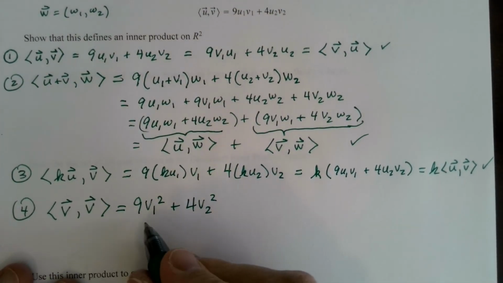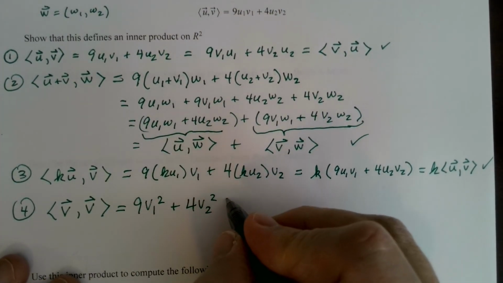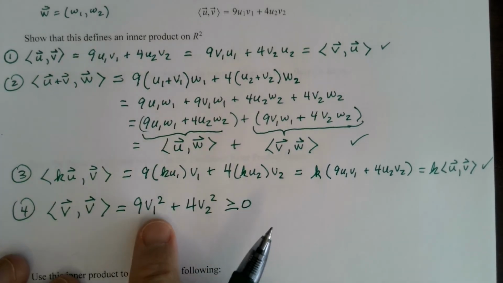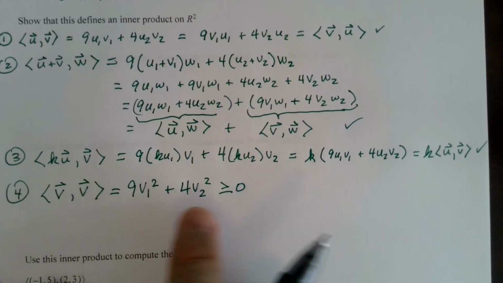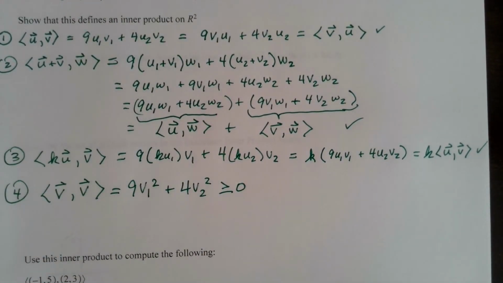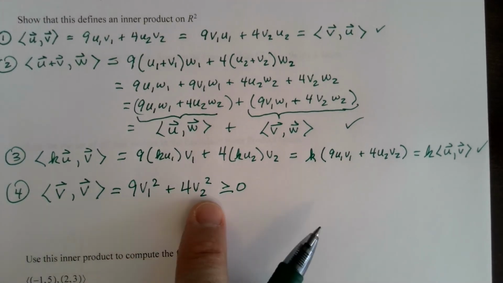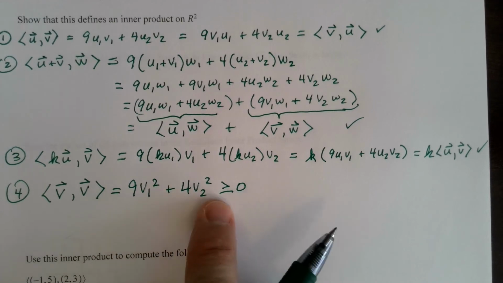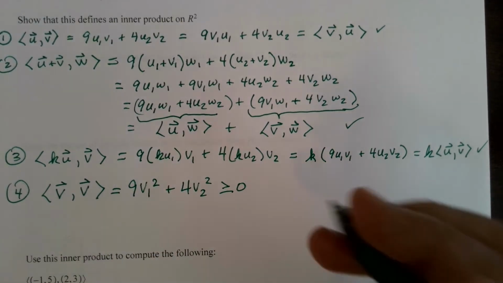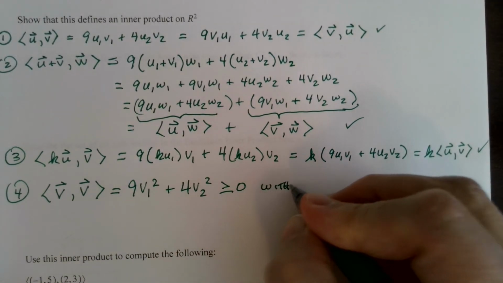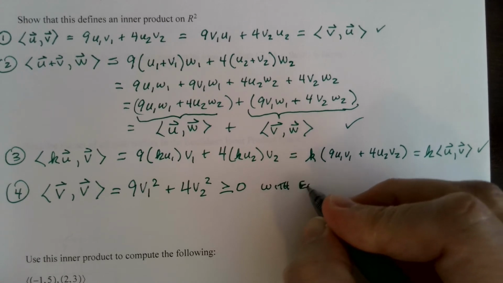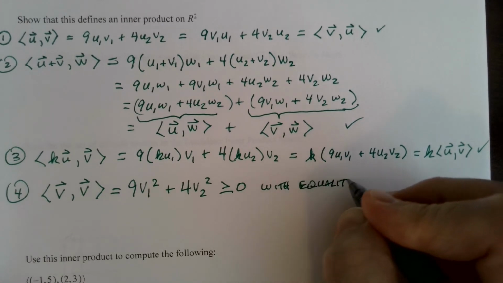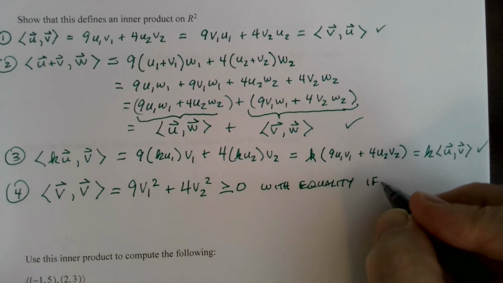Well, clearly this expression is going to be greater than or equal to 0 because I'm squaring v1 and v2. So even if v1 or v2 is a negative number, if I square it, I'll get a positive result. So this will always be a non-negative result, with equality, meaning being equal to 0, if and only if what?